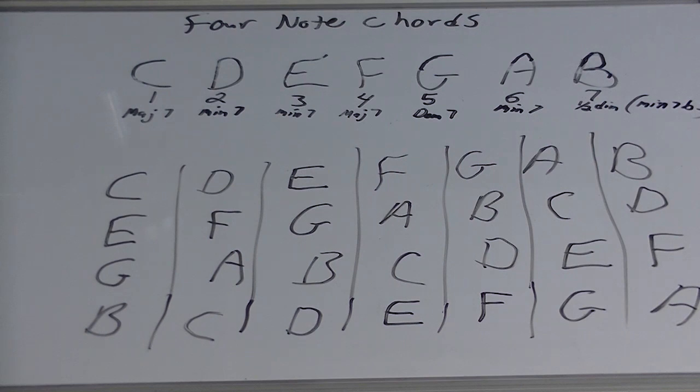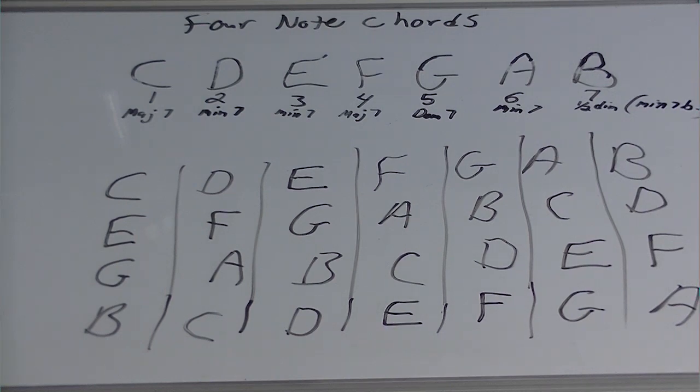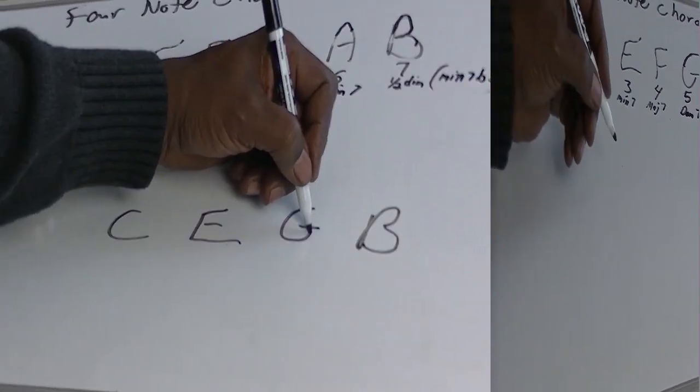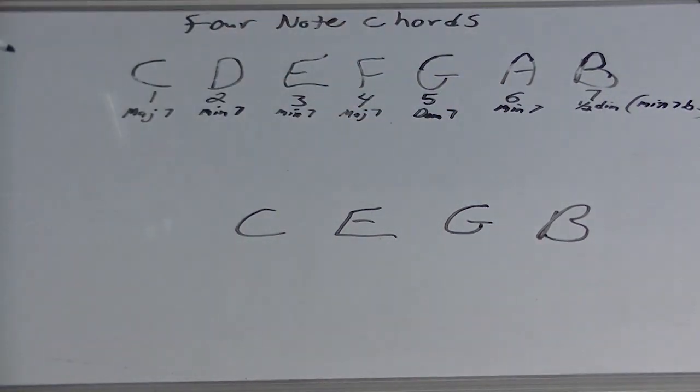So now we have a series of chords, and I think we should take a closer look at them. The first chord I want to look at is the C major 7th chord. I'm just going to write out the notes of the chord, and I'd like to perform a little analysis.